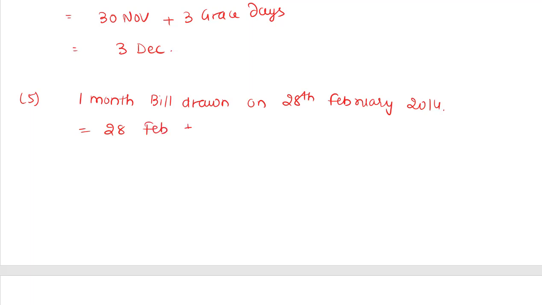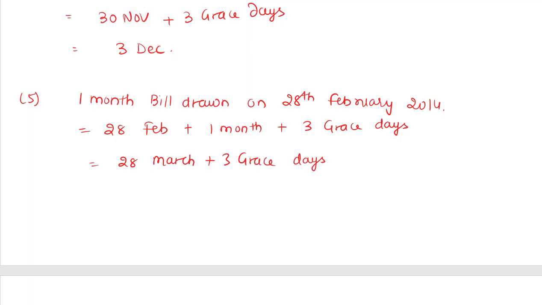So 28th February plus 1 month plus 3 grace days. 28th February plus 1 month is 28th March, plus 3 grace days, 31st March.